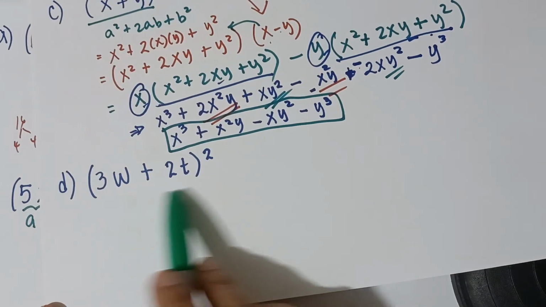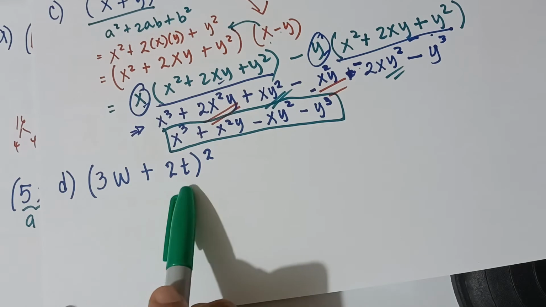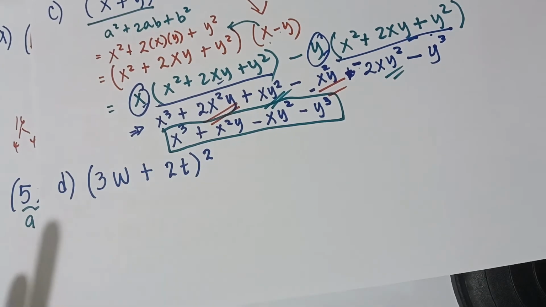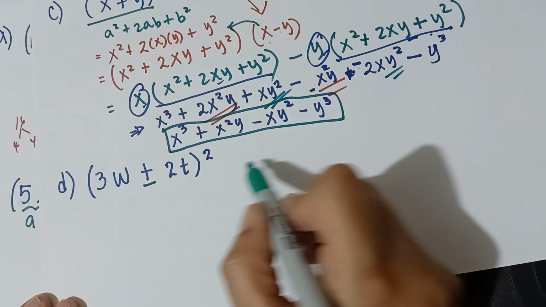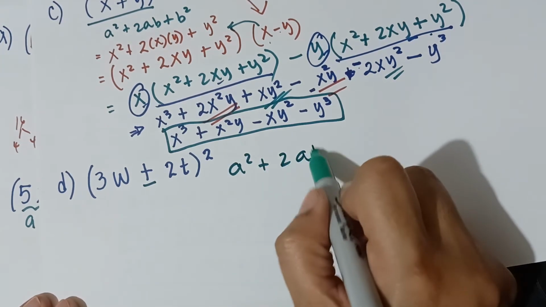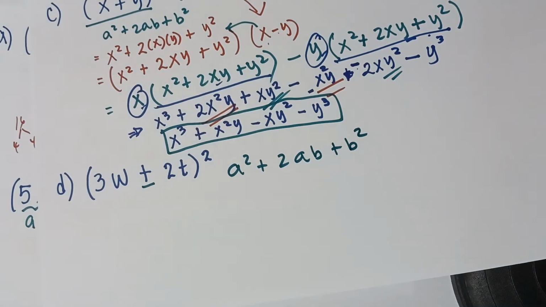What if we have something like this? So, 3w plus 2t, close and open parenthesis squared. It's the same thing. Look at the middle term, it's plus. So, since this is plus, we use the formula again: a squared plus 2ab plus b squared. Now, you identify which one is the a and which one is the b.